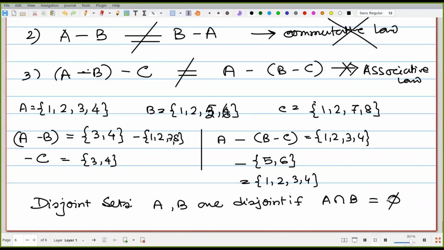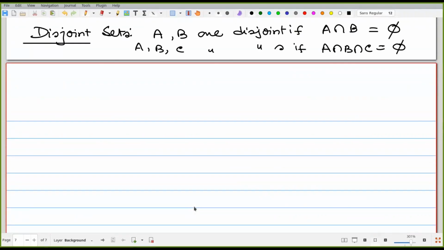That means there are no common elements between A and B. Then we can say A and B are disjoint sets. Same as A, B, C are disjoint if A intersection B intersection C is equal to phi. And for that, only for that, the valid Venn diagram is here.